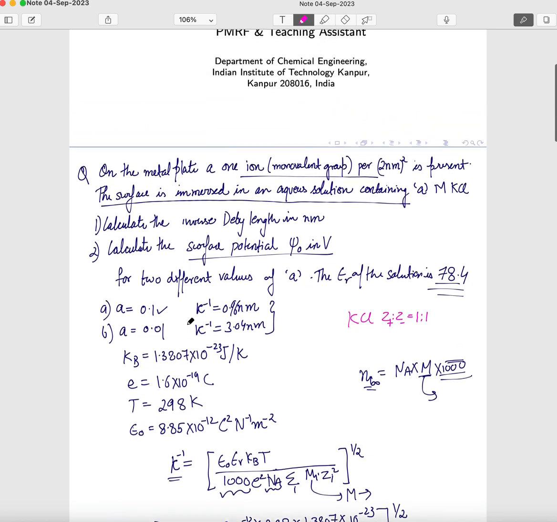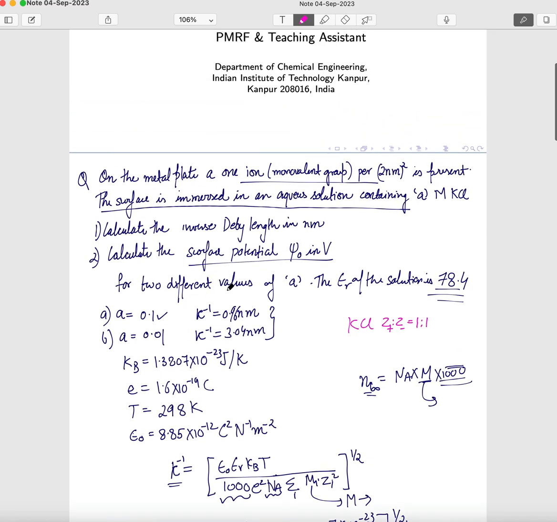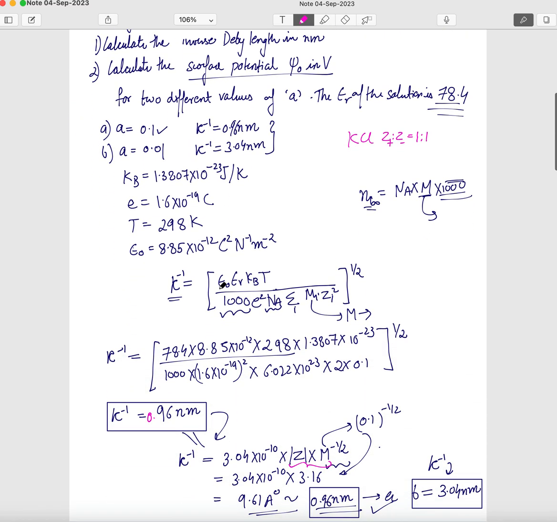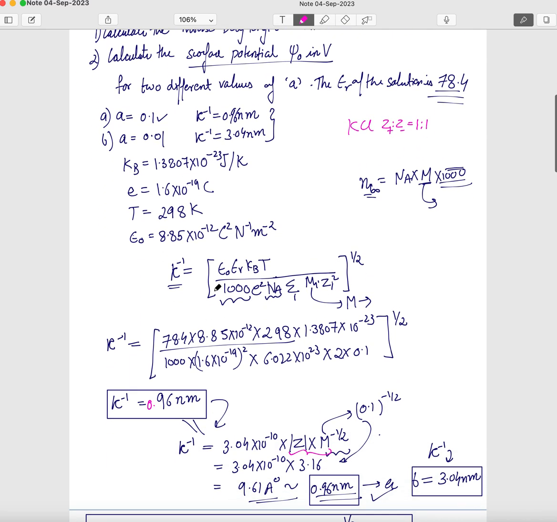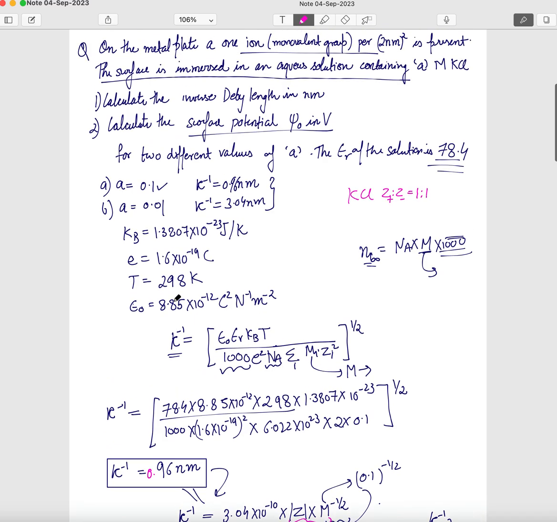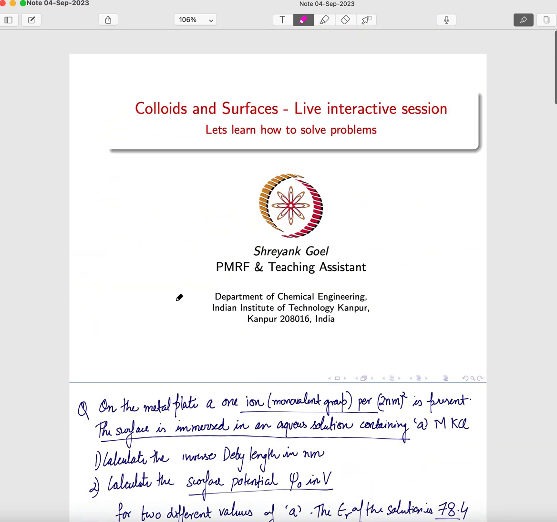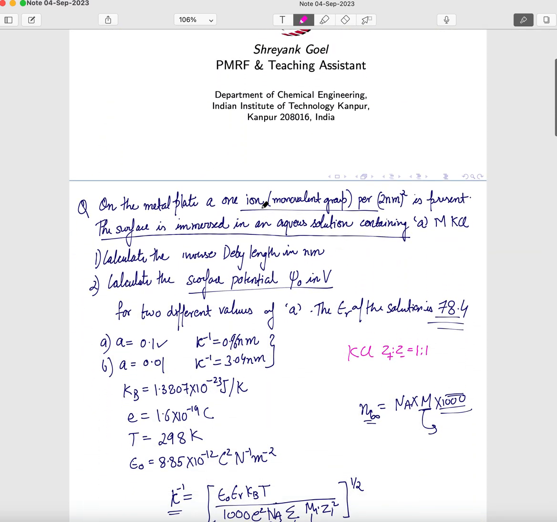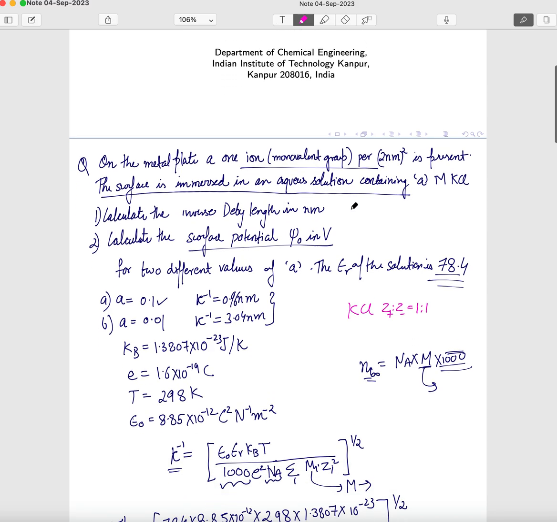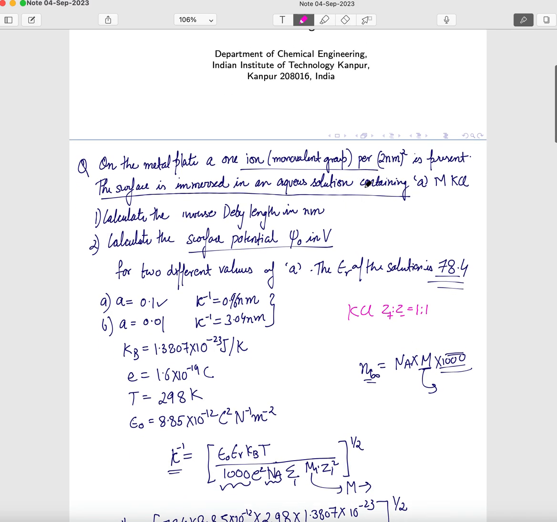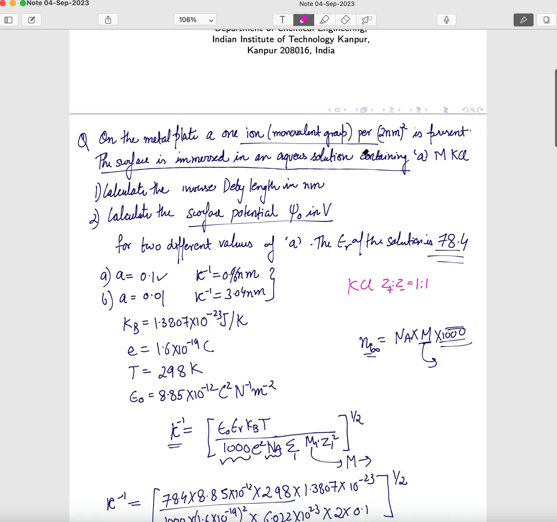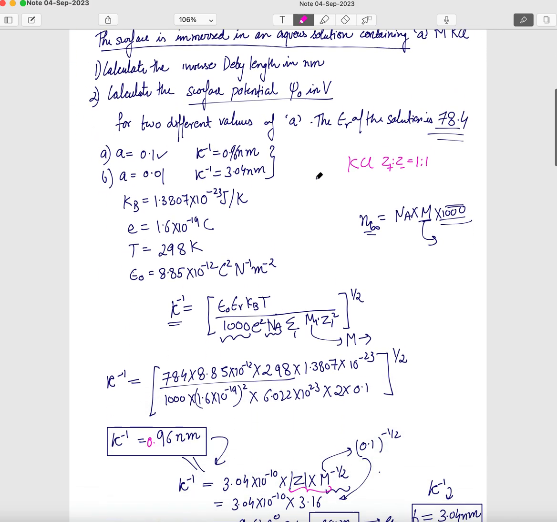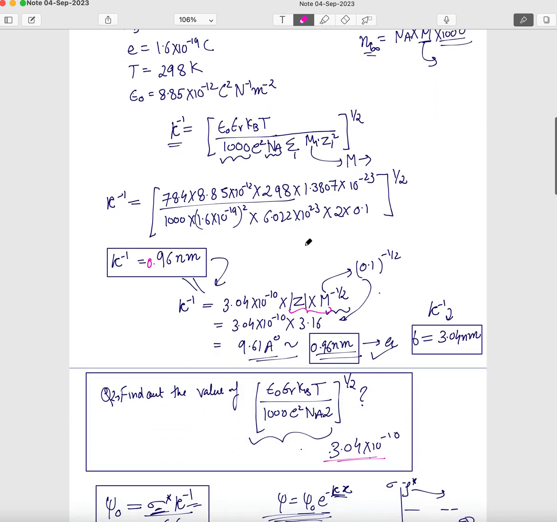These are the two parts of this solution. I hope it is clear. Here we calculated kappa inverse for the two cases, and so the psi naught value. The charge for the monovalent group is one electron, 1.6 into 10^-19, divided by 4. Okay, I hope it is clear.